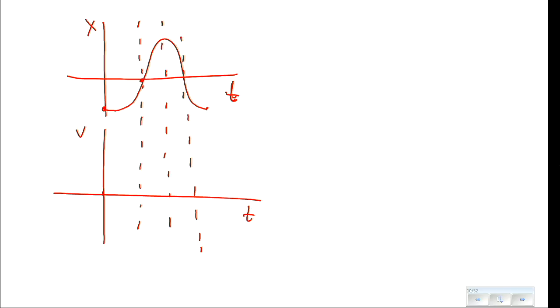Yeah. So a quarter of a period after it's been released, the velocity has to be positive. Yes. You place one dot in a half of a period, and that will tell you the whole graph. Okay. All right.